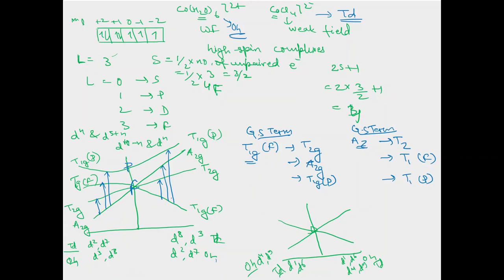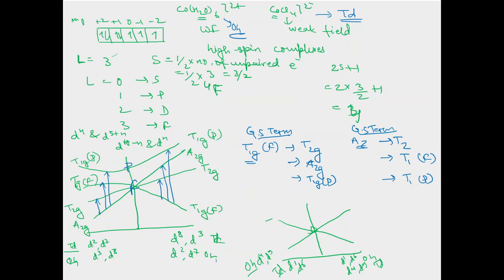In this one, I showed the d2 to d8 systems, not including d5 and d10. Why? Because in those cases there will be no transitions. For the others, that is d1, d2, d3, d4, d6, d7, d8 and d9, we can understand what the transitions are from these diagrams only.